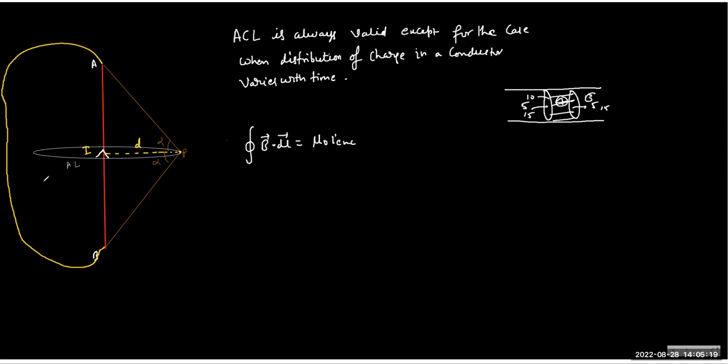Okay, so the B, the magnetic field induction at P, will have two contributors, isn't it? One of them is the red line and the other is the remaining line which I haven't shown. For the sake of illustration, I have shown it to you. So this B is a complex B because it will have two parts: B due to the AB part plus B due to the remaining part.